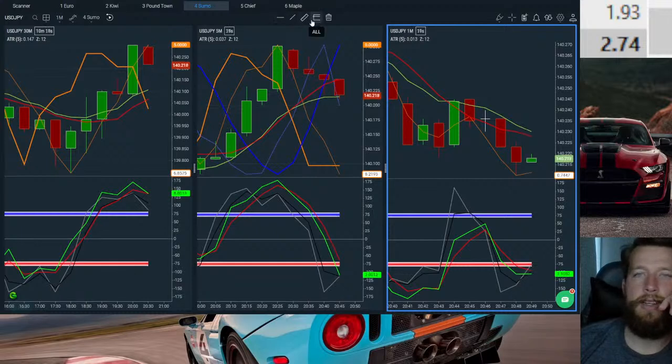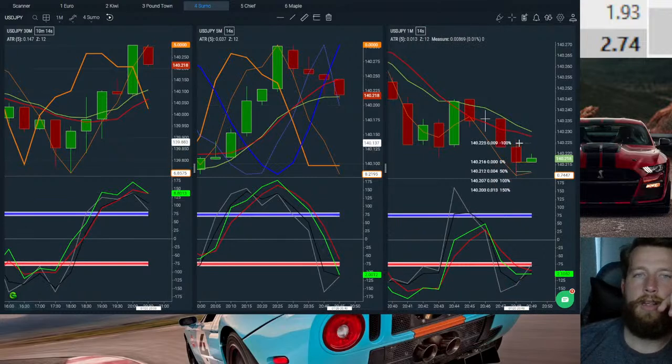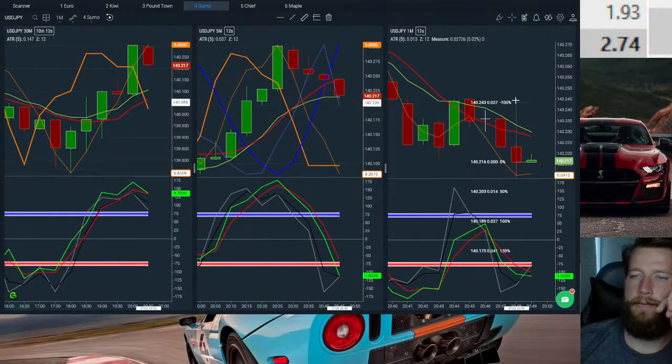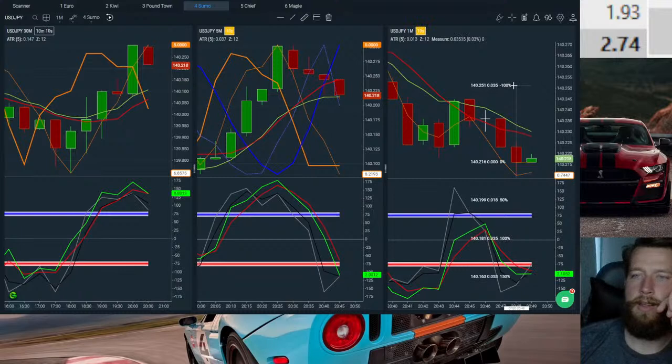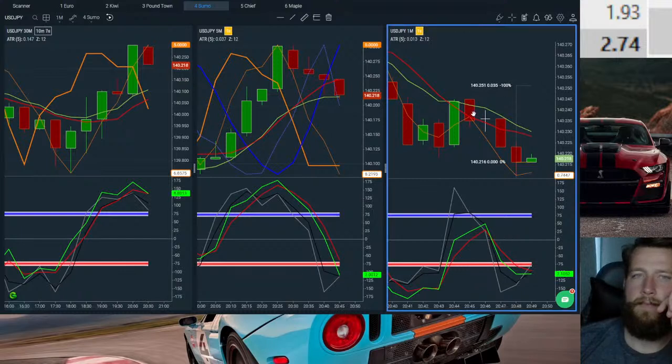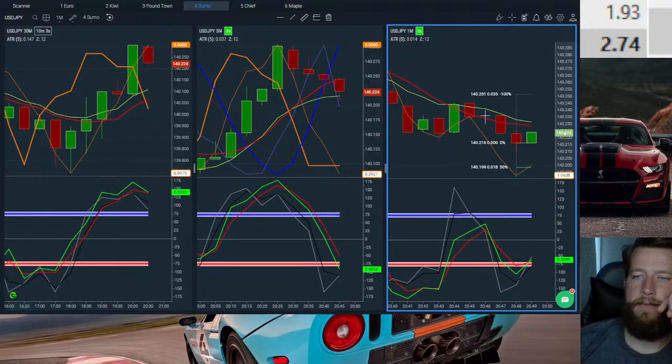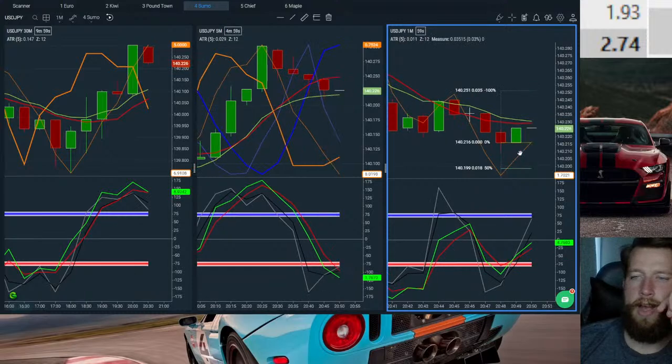Always fun to see what would happen though. Let's see, that probably would have been about 35 points. And then probably like a 15. Yeah, so about halfway.